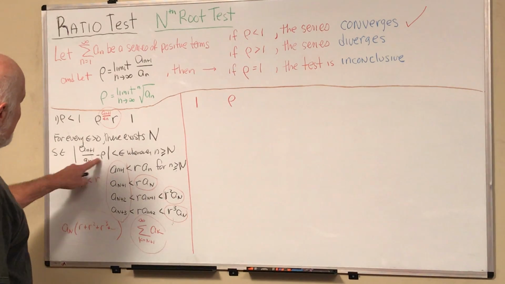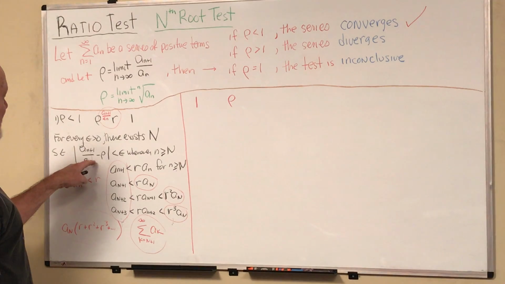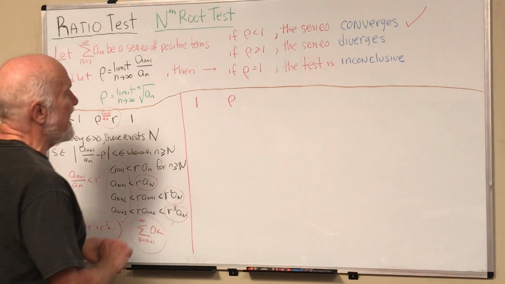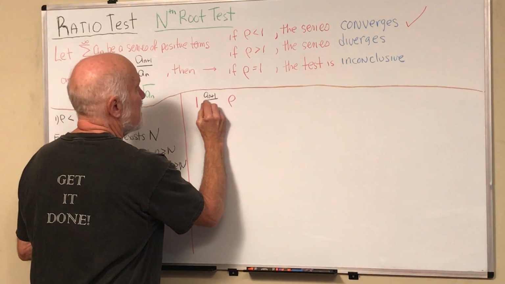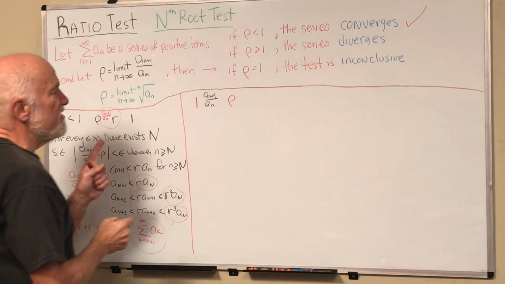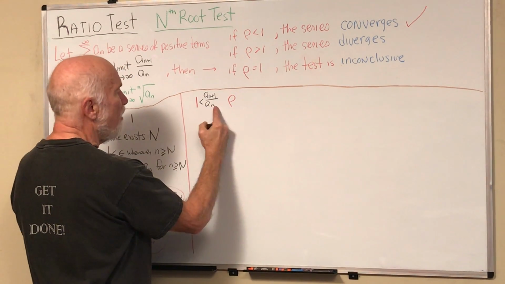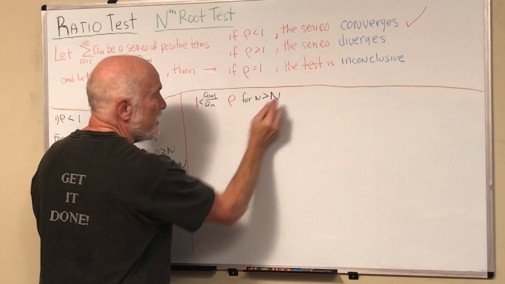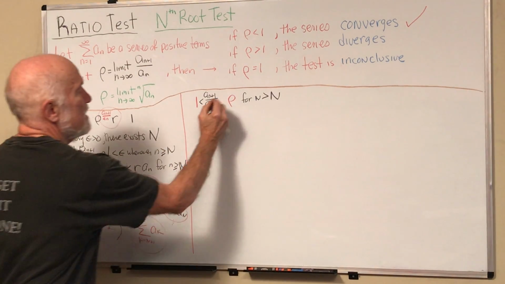Well, again, since we can pick A sub n plus 1 over A sub n as close to rho as I want to get, I know that I can fit it somewhere in between here, which means that for all that, and this is only for n greater than big N. If you get far enough out in the series, I know that this is going to be true.